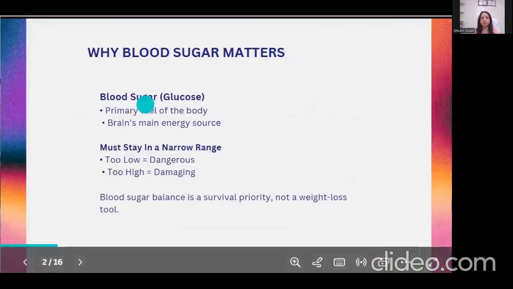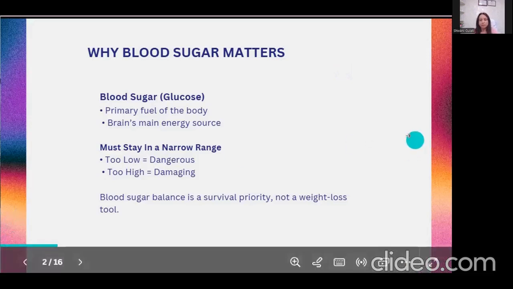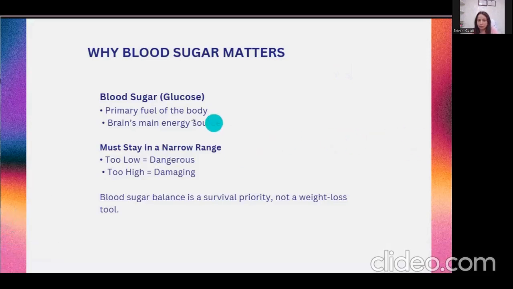So let's understand what sugar actually is. Blood sugar simply means glucose in the bloodstream. Glucose, as we all know, is the primary fuel of the body. Every cell uses it for energy purposes, especially the brain, which is dependent upon glucose.